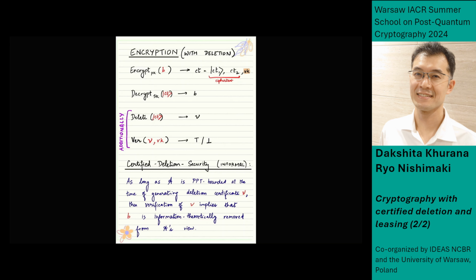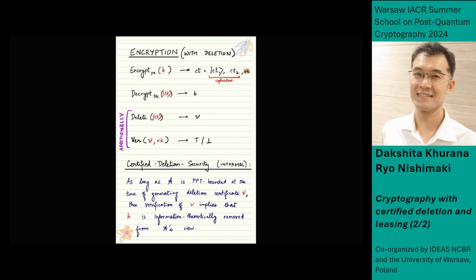For simplicity, the plaintext is 1 bit, B. In this construction, the ciphertext consists of a quantum part, CT1, and a classical part, CT2. The encryption algorithm also generates a verification key to verify whether the certificate for deletion is valid or not. The decryption algorithm takes this ciphertext and recovers the plaintext B.